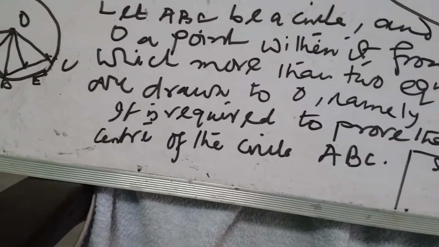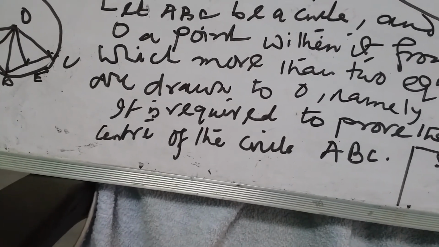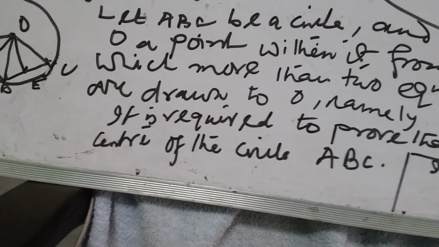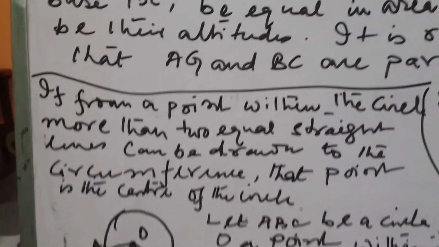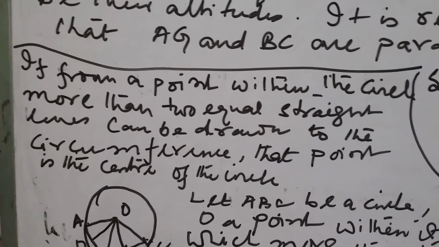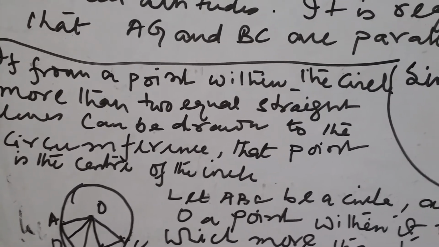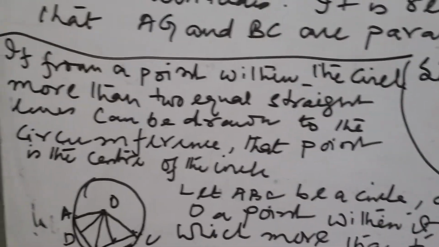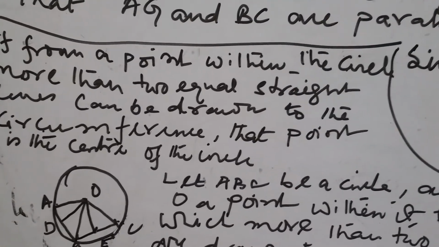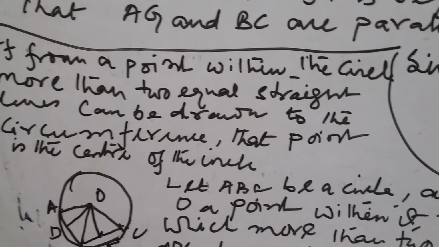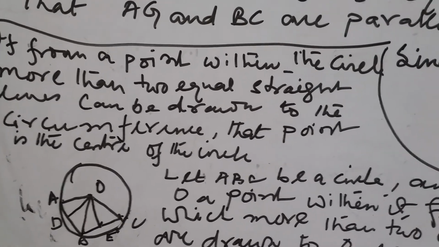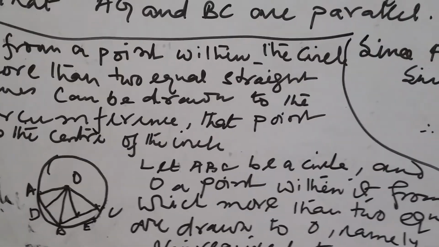Here we find OEB and OEC are perpendicular. That's why we can say that O is the center. Hence my complete proof: if from a point within the circle more than two equal straight lines can be drawn to the circumference, that point is the center of the circle. Thank you so much.